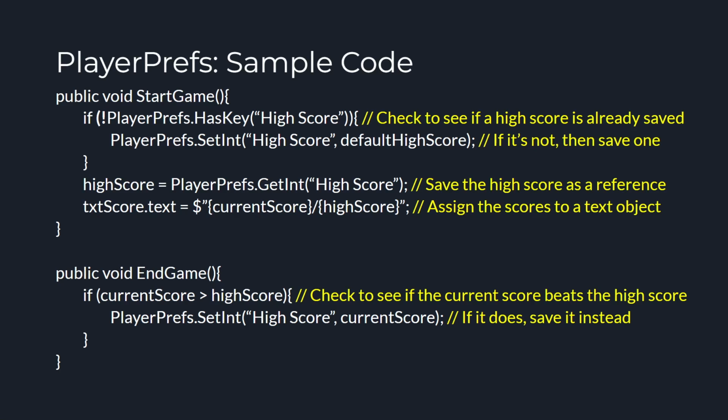Instead of saying this plus this plus this plus this, when we want to insert our variables into strings, you can use the $ sign to indicate that it is a formatted string, and it will replace the curly brace current score curly brace with the variable there, and the curly brace high score curly brace with the actual variable high score there. So it's a convenient way to format your strings. You'll see this show up.